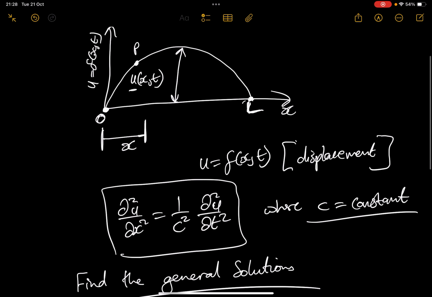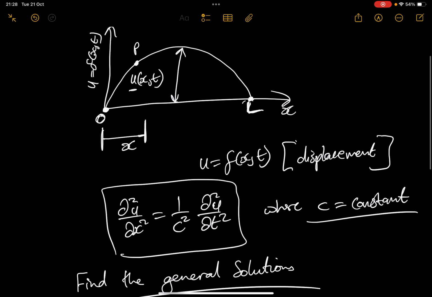So we are going to have X double prime T equals 1 over c squared X T double prime. Now you want to simplify this. You keep all variables of x on one side and all variables of t on the other side, making sure that the numerator contains the highest derivative. So here we have X double prime over X equals 1 over c squared, T double prime over T.